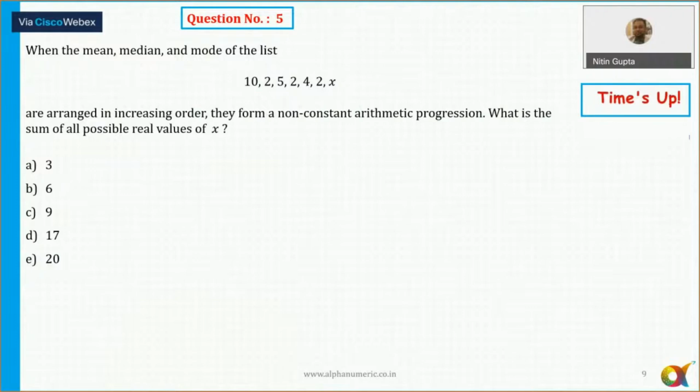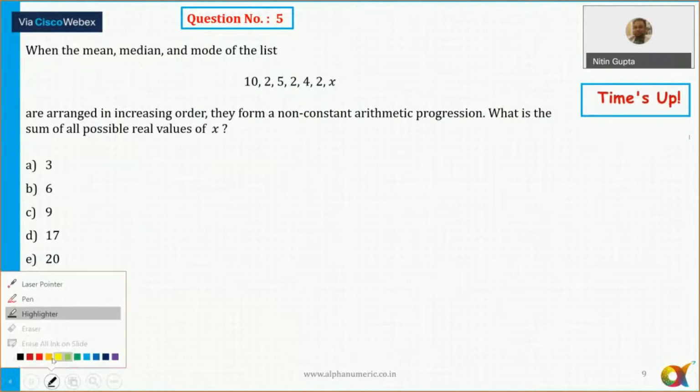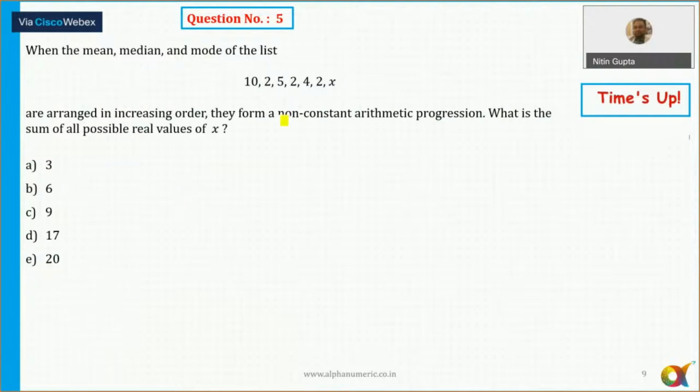First of all, if you see here, it says non-constant arithmetic progression. Now, what do you mean by the term non-constant arithmetic progression here? Okay. So non-constant arithmetic progression is basically a series of AP where the common difference is not equal to 0. Like I discussed in the sequence and series also, that in arithmetic progression, the common difference can be equal to 0 also.